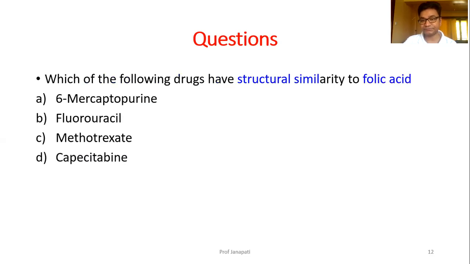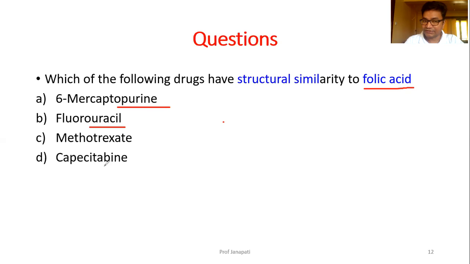Next question. We are almost finishing the class. Please try to concentrate. Which of the following drugs has structural similarity to folic acid? Folic acid antagonist. Mercaptopurine, from the name itself, you can see, is a purine derivative. Fluorouracil is a uracil derivative.